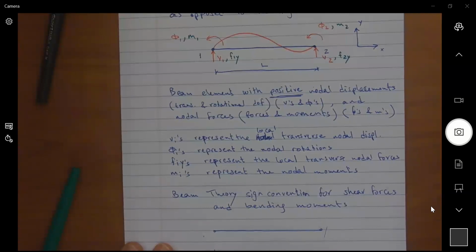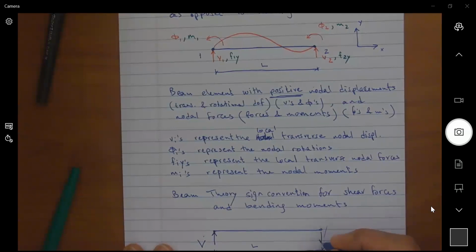If this still has a length L, a positive shear to the left of the beam will be going upwards, correct? And we refer to this as a shear force uppercase V. How about the shear force to the right of the beam?